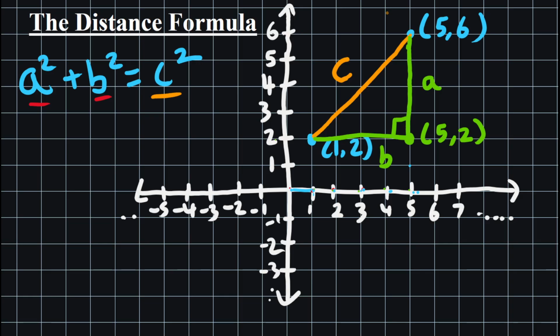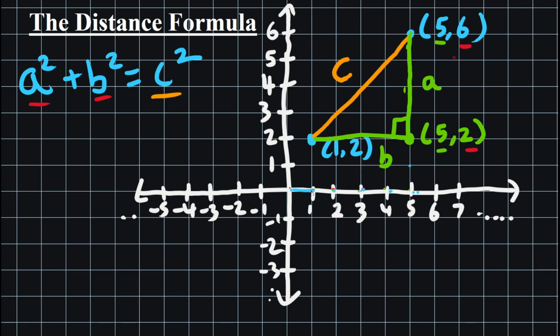Good, so do we know A and B? Well, we can find out. We can find A because this is similar to one of the problems we were doing before. We are finding the distance between 5, 6 and 5, 2. So they both have the same x coordinates, 5 and 5, and they have different y coordinates, 6 and 2.